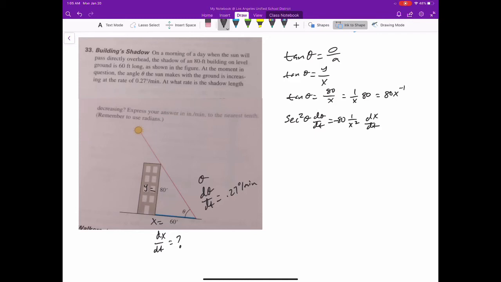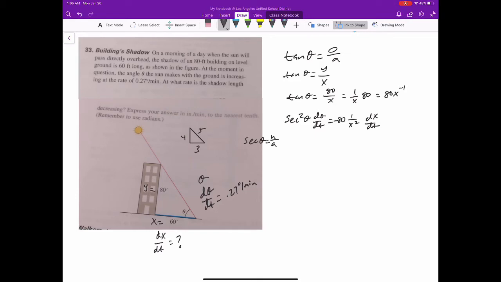Okay, let's figure out the variables. Secant squared theta is hypotenuse over adjacent. We don't know what our hypotenuse is, so we would have to find it. It's a Pythagorean triple. Our basic Pythagorean triple would be 3, 4, 5.